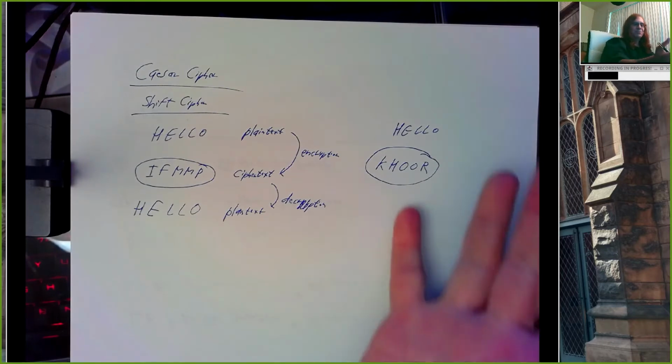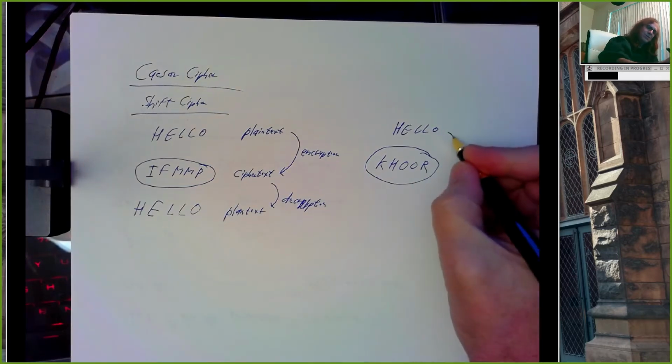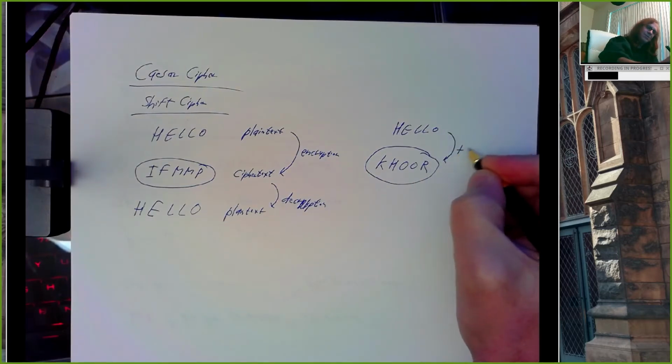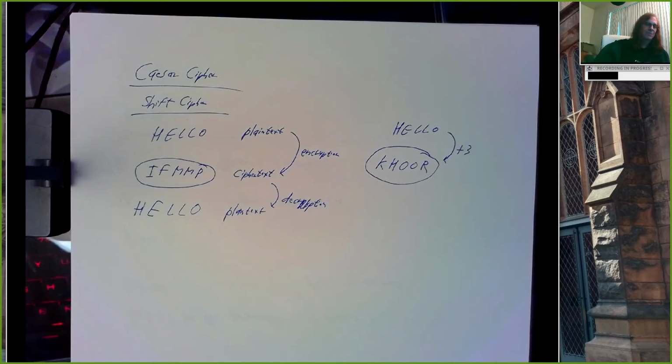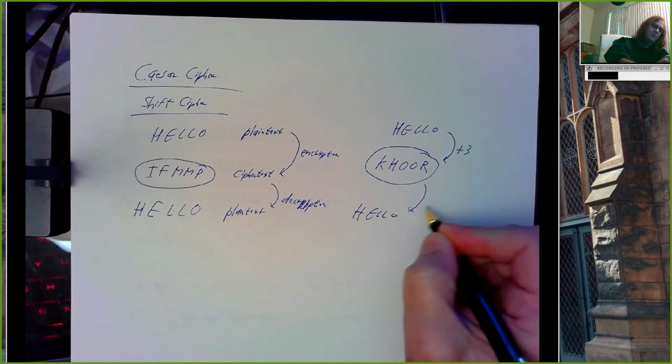And they can't read what this message says unless they know how to decrypt it. And so the encryption key here is +3. And the decryption key is, guess what, -3.